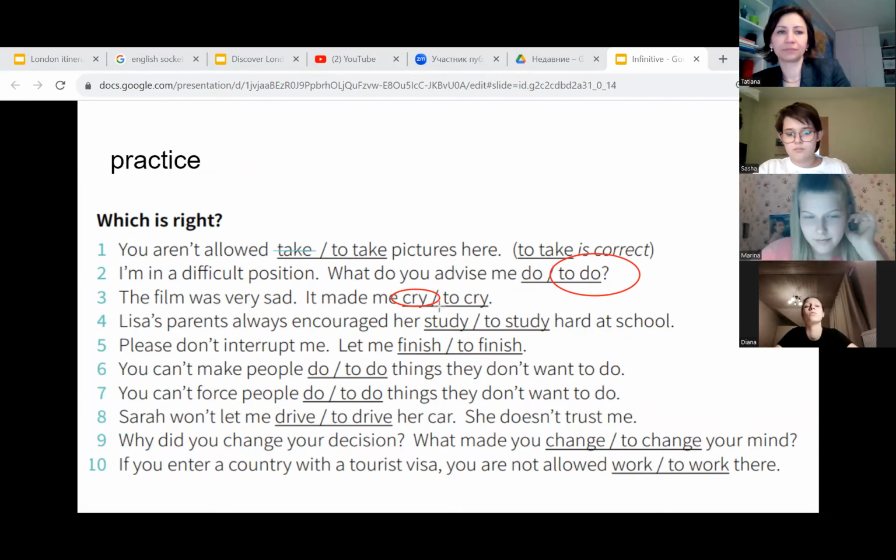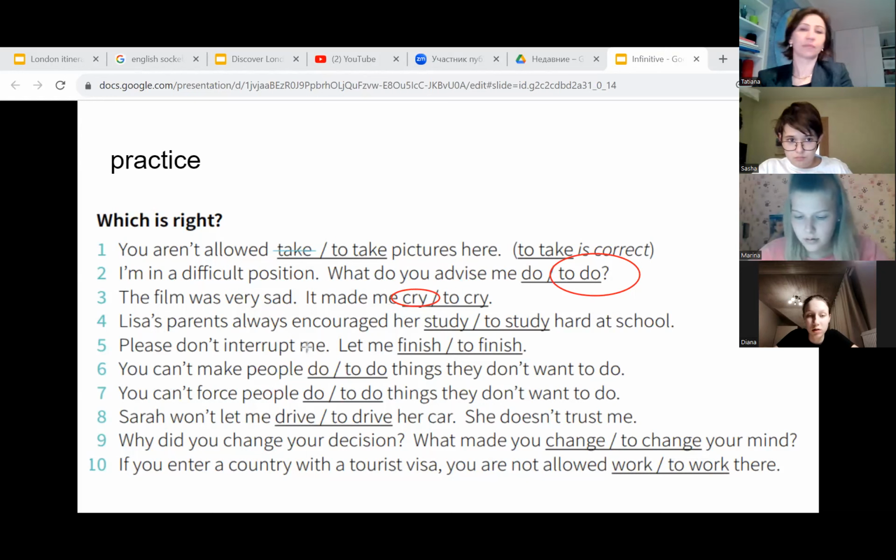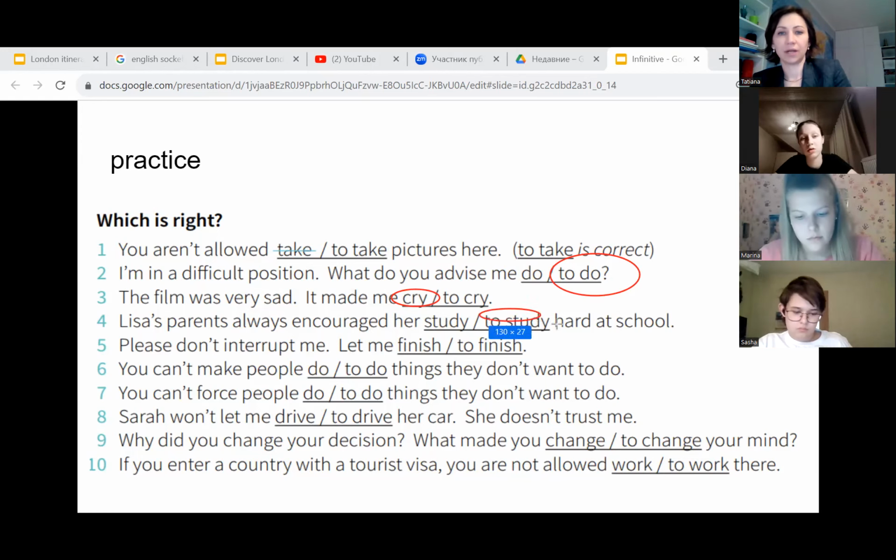Maria. Lisa's parents always encouraged her to study hard at school. Encouraged her to study. Diana. Please don't interrupt me. Let me finish. That's correct, Vanya.